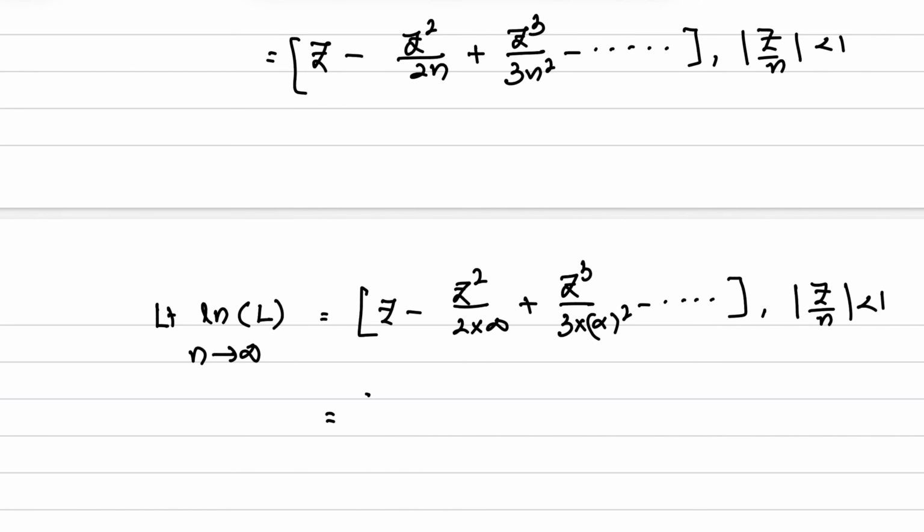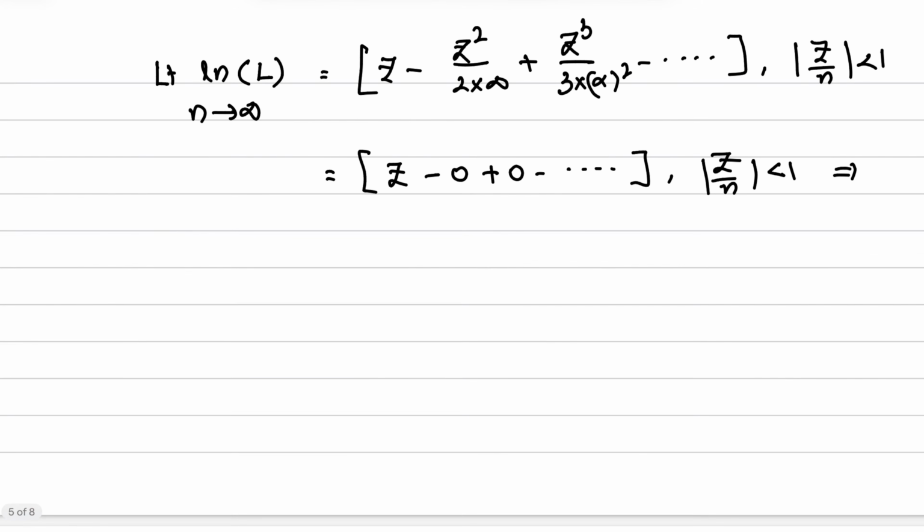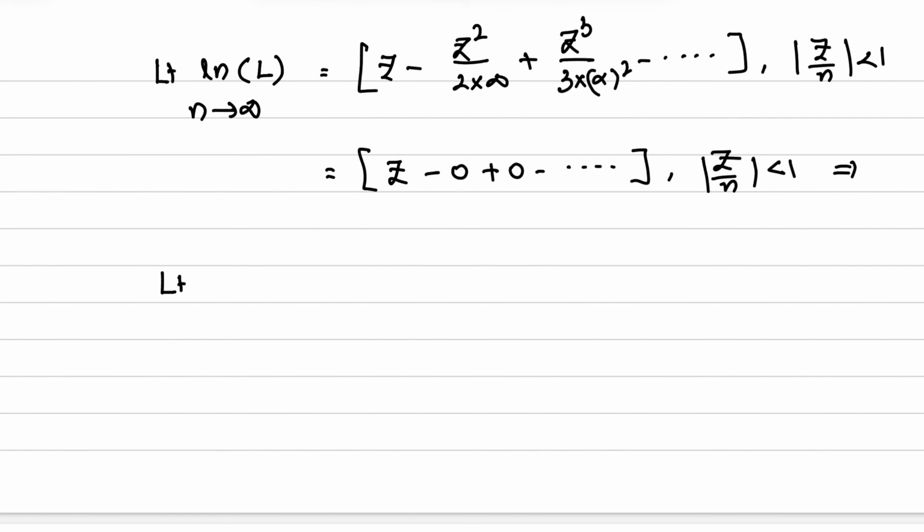This becomes z, because it is independent of n, whatever the value of n, the z will remain z, and for infinity this will be 0, and so on. That implies limit n tends to infinity of ln L is equal to z.